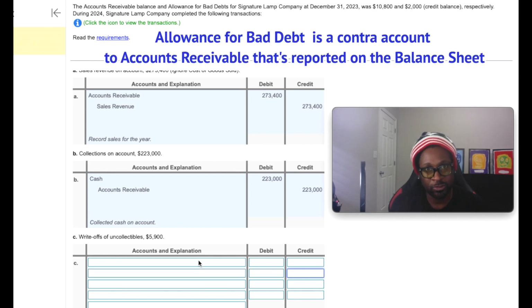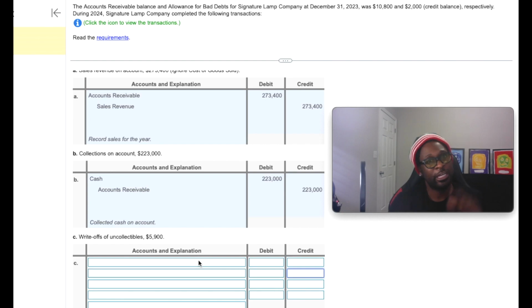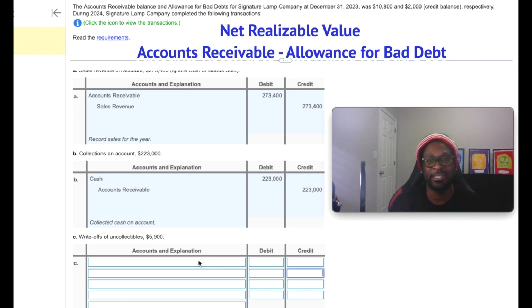You must also remember that it is a contra account to accounts receivable, which means it's reported on the balance sheet by subtracting it from accounts receivable to calculate the net realizable value. Your net realizable value is basically the amount that you expect to really collect on your receivables.